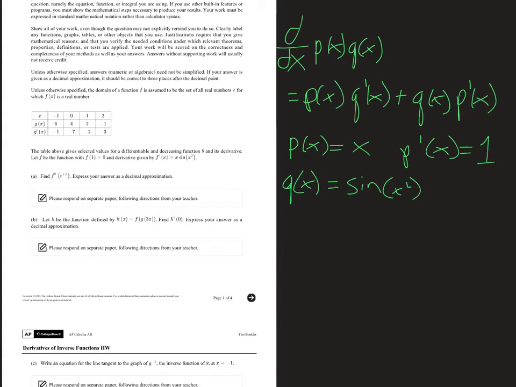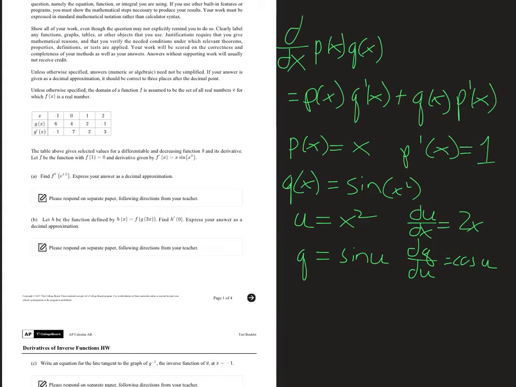And so in this one, I need chain rule. So then I need to break that down and say, well, u equals x squared, and q equals sine of u. So then du dx is equal to 2x, and dq du is equal to cosine of u.